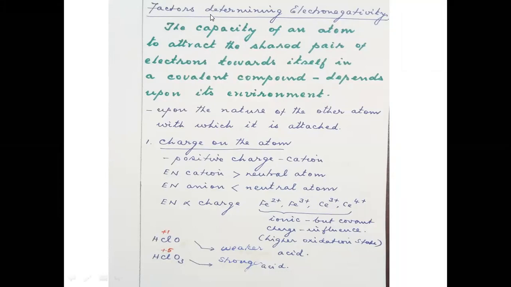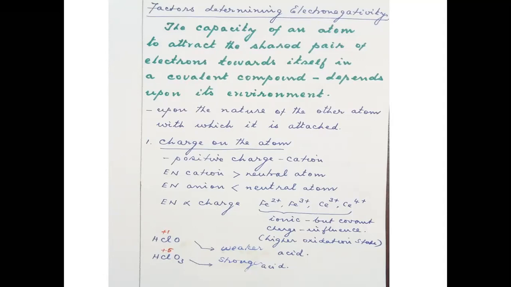So, factors determining electronegativity. Electronegativity is the capacity of an atom to attract the shared pair of electrons towards itself in a covalent compound. So it is the capacity of a particular atom in the molecule.